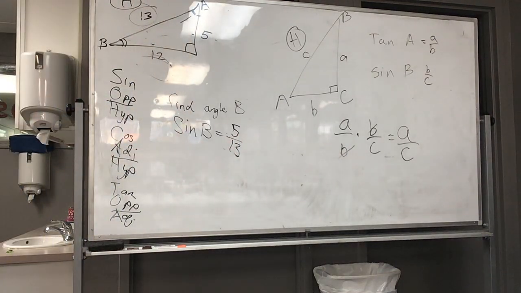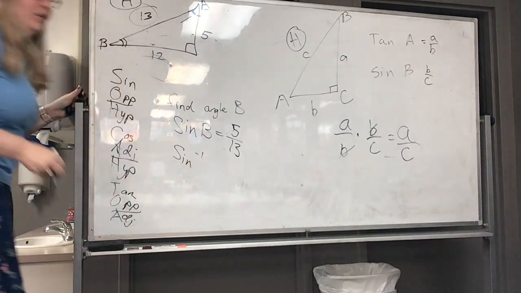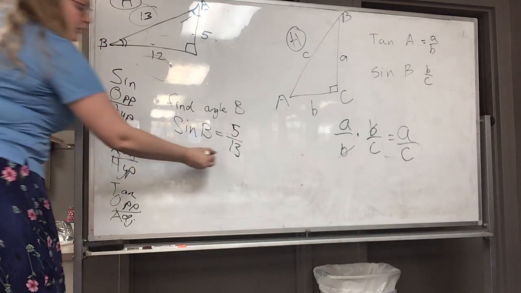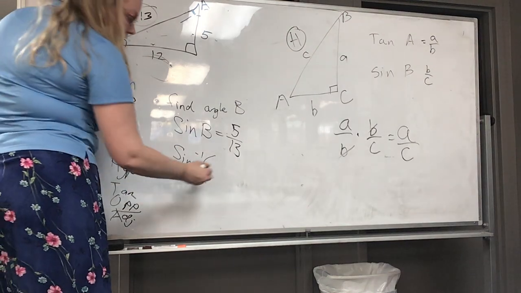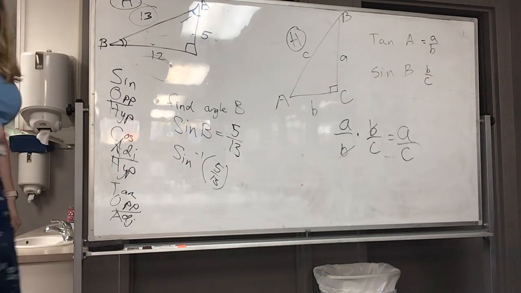So, again, here's the difference between what you might have done in the past versus what you're going to see on the ACT. In the past, you would use your calculator and type in the sine inverse of 5 over 13, and you'd get an answer.